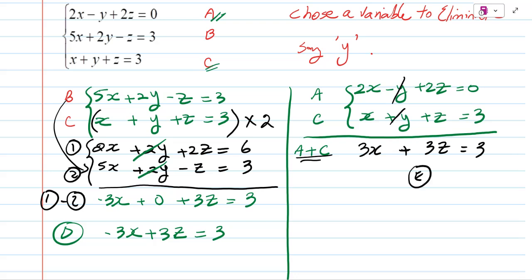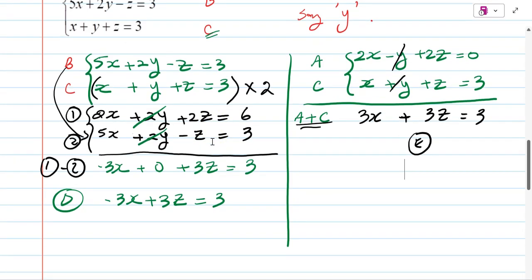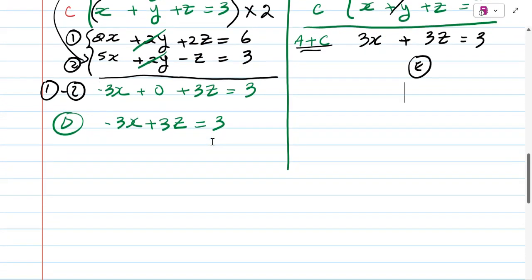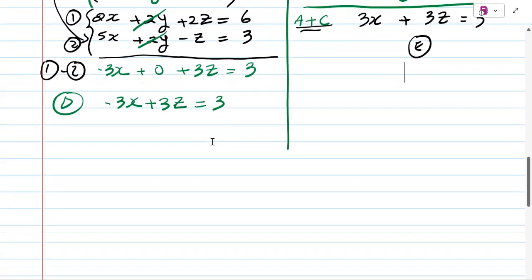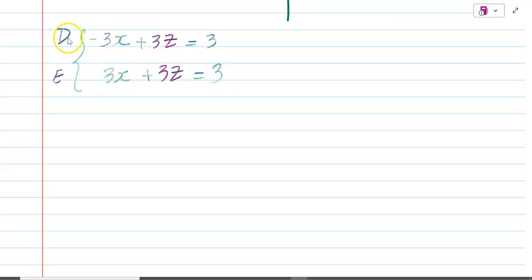Now we're going to set up a system of two equations and two unknowns between equation E and equation D. Equation D is written like that. Equation E is 3x plus 3z equals 3. Now it's very easy. We choose the variable we want to get rid of, and x is already set up for us.